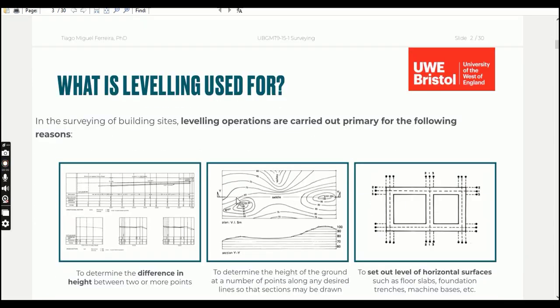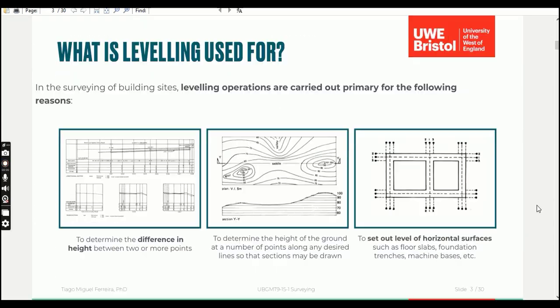So what is leveling used for? We need to know why we use leveling before learning it. In the surveying of building sites, leveling operations are carried out primarily for the following reasons. The first one, to determine the difference in height between two or more points in the field.